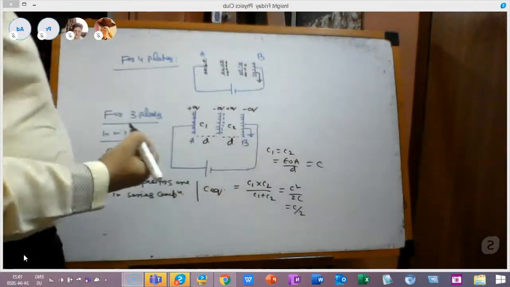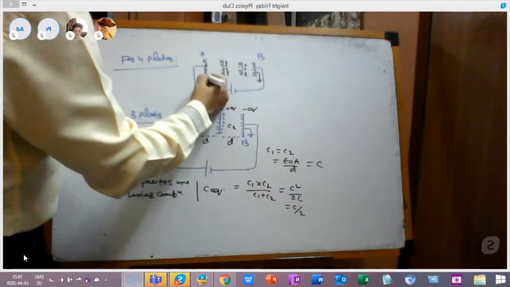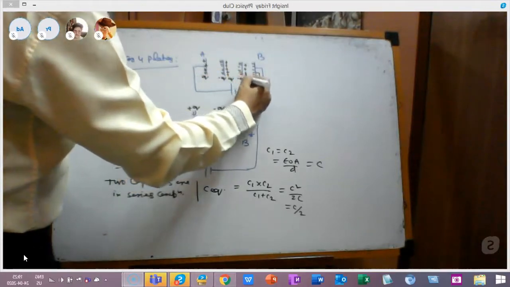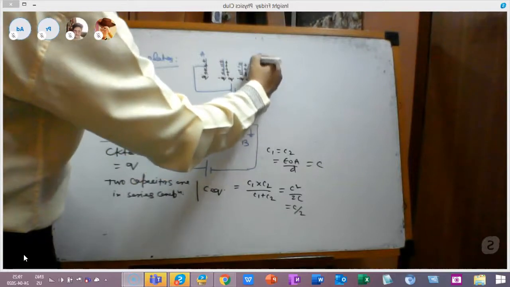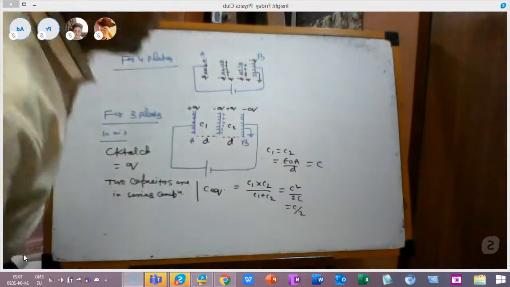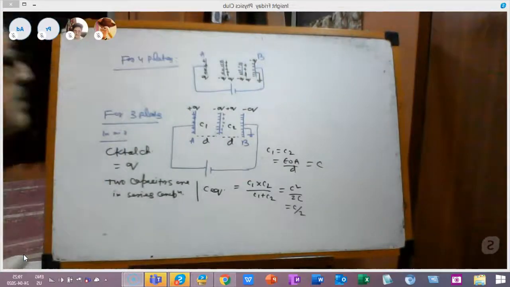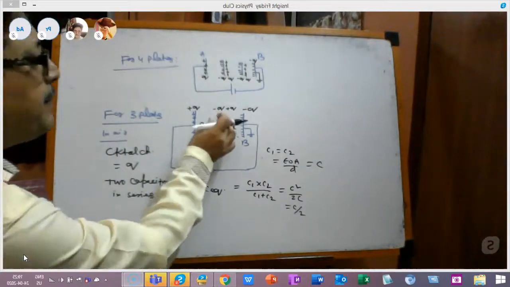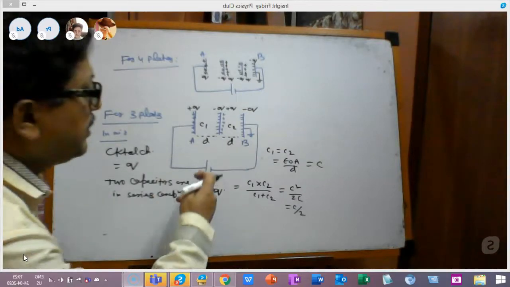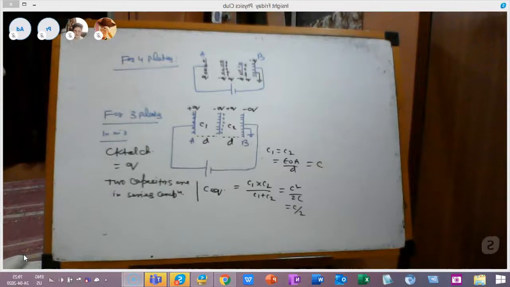This you remove by earthing. So if this one is Q, this one minus Q, plus Q, minus Q, plus Q, and this is minus Q. So there is a learning process here: if a plate is isolated, not connected to any terminal of a battery, then its net charge will always remain 0.